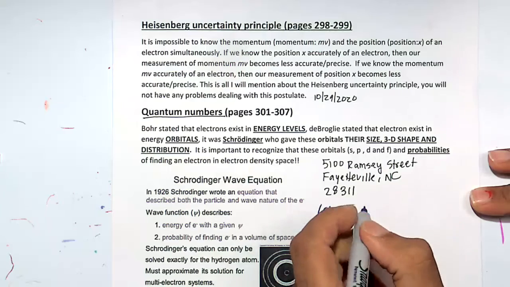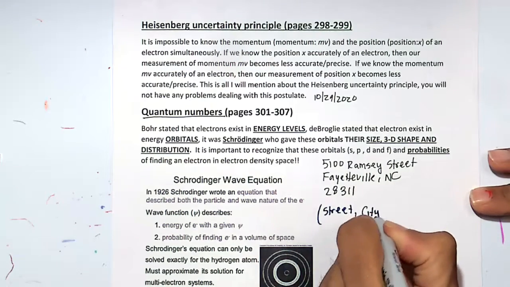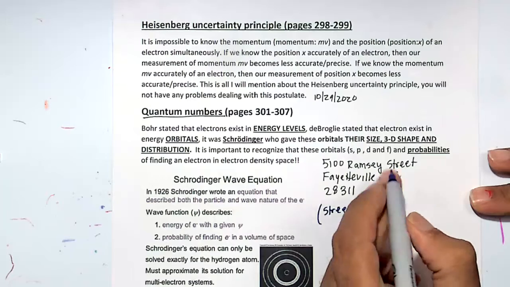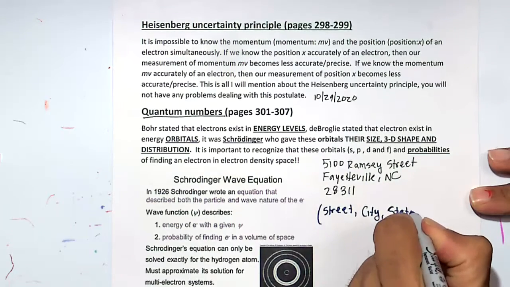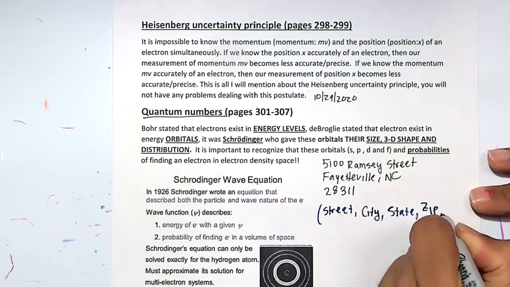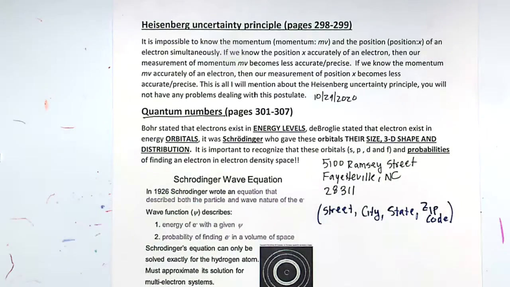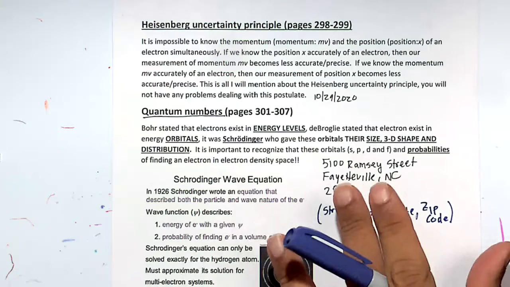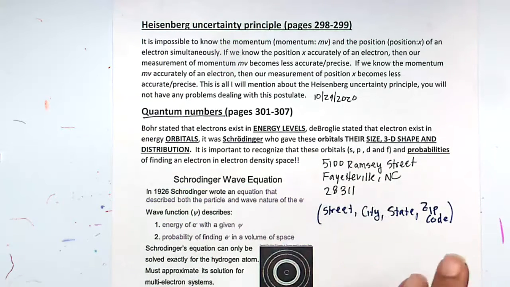City, Fayetteville. 2 more. State. And zip code. Street, city, state, zip code. So if you give me these 4 items, I should be able to find the address, the location of the school where we are right now.